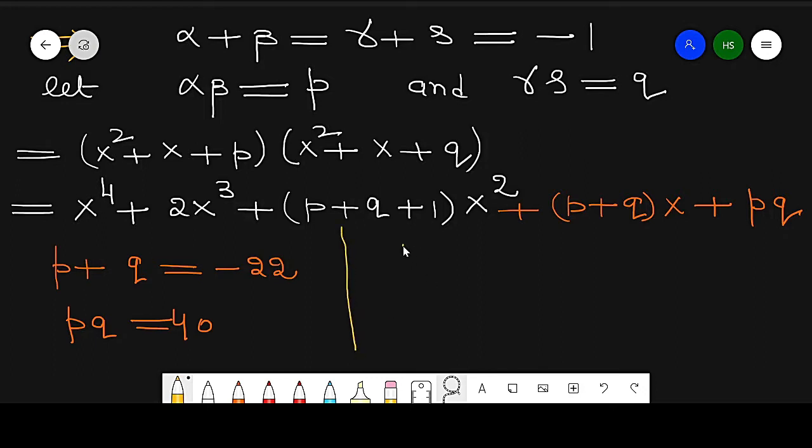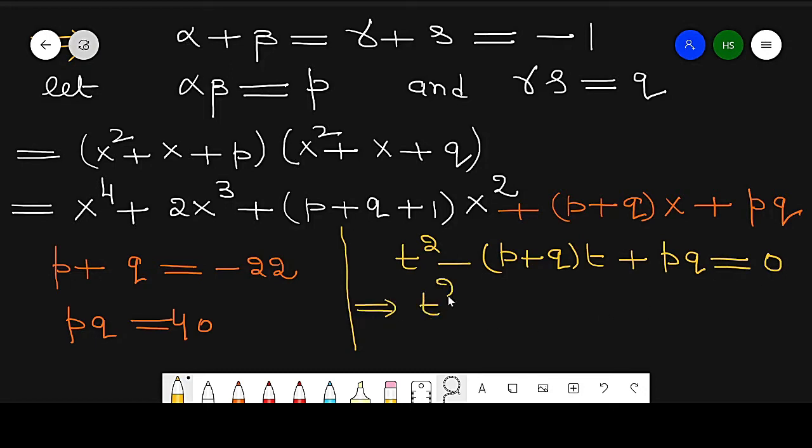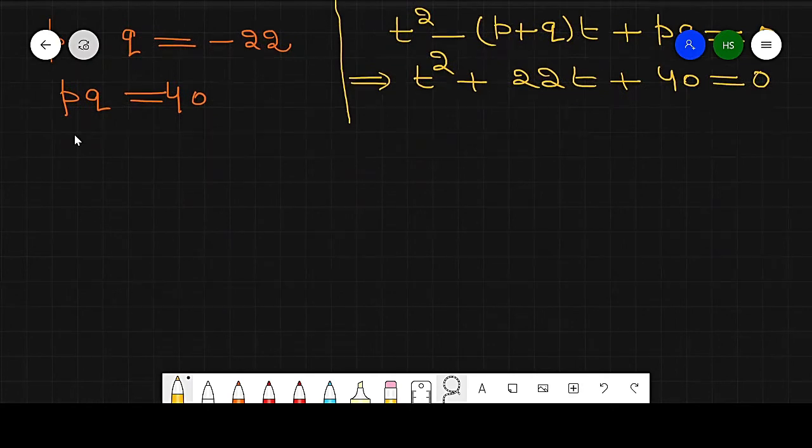This equation is t square minus (sum of roots p plus q) t plus product of roots pq equal to 0. It implies t square plus 22t plus 40 equal to 0. This is the equation whose roots are p and q.